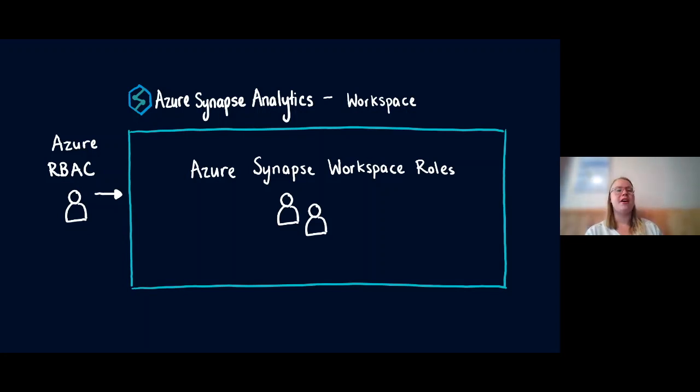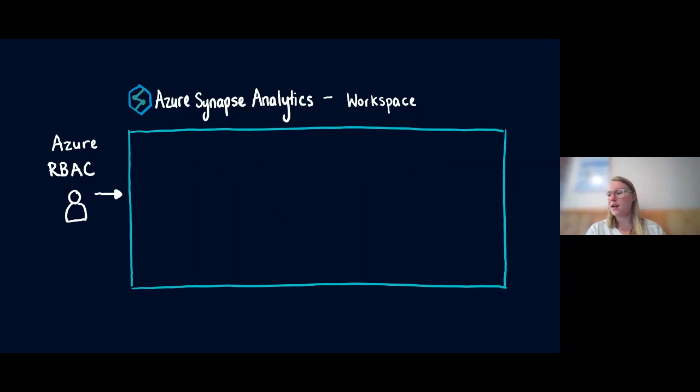So we have the Azure RBAC, which is on the management layer side. So these are the RBAC roles that you might be familiar with from just working with Azure. We have the three main roles, which are the owner, the contributor, and the reader.